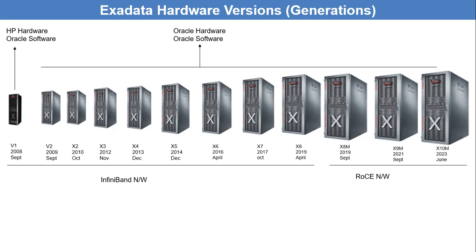So in Ethernet, you have two types: the regular Ethernet, the standard Ethernet, the old Ethernet. But now you have a new Ethernet, which is RDMA capable, called RoCE network. In fact, RoCE is even more powerful than InfiniBand. So that's why Oracle replaced InfiniBand with RoCE starting from X8M version.